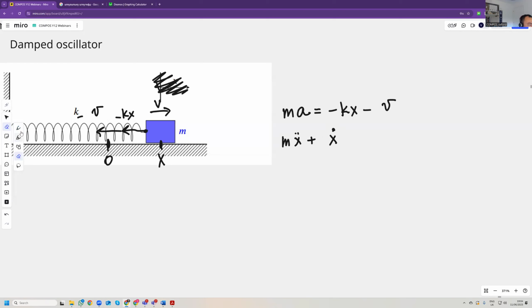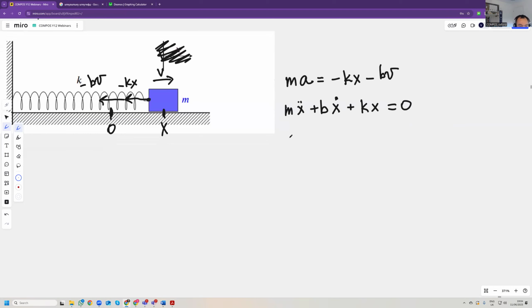Let it be b v plus kx, and that must equal 0. To simplify things, I'm going to write x double dot plus b over m x dot plus k over m x equals 0.